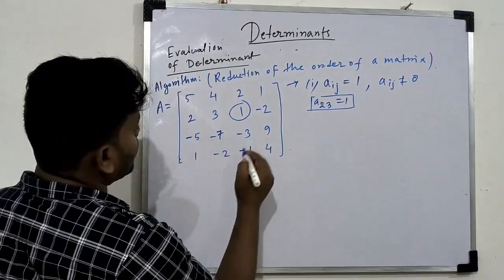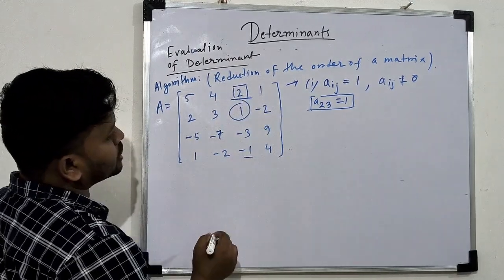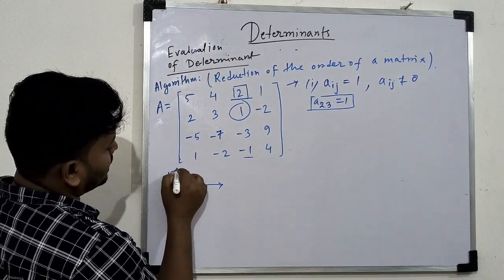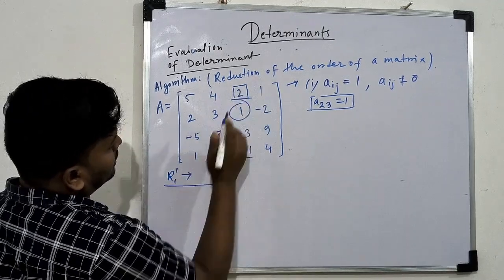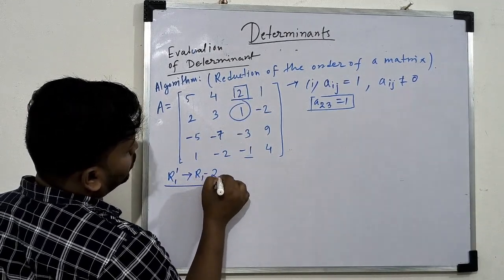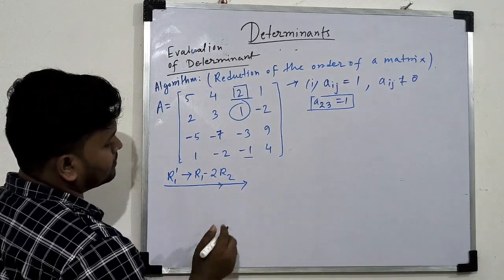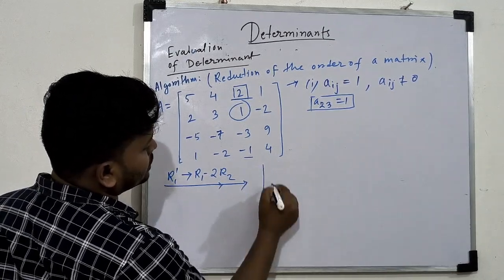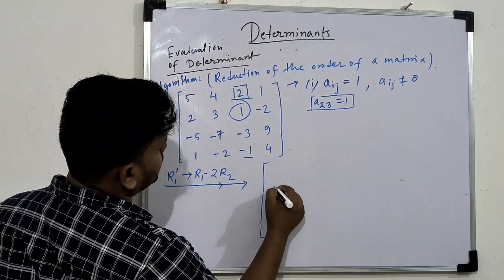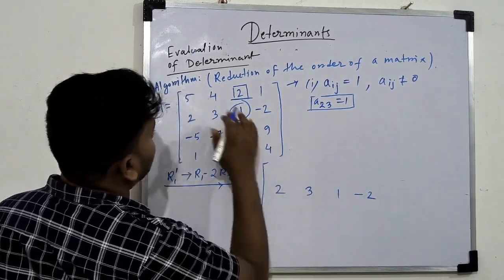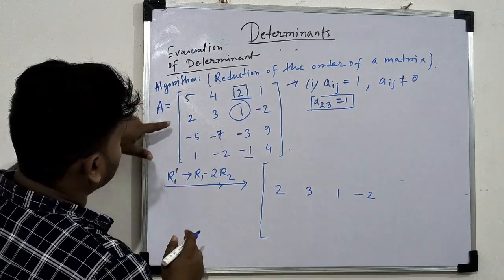So first of all we make this element 0. So for that we have to replace r1 by r1 minus 2 into r2. So under this operation we will get a new matrix. All the other rows will be the same, 2 3 1 minus 2, and this first row will be changed.